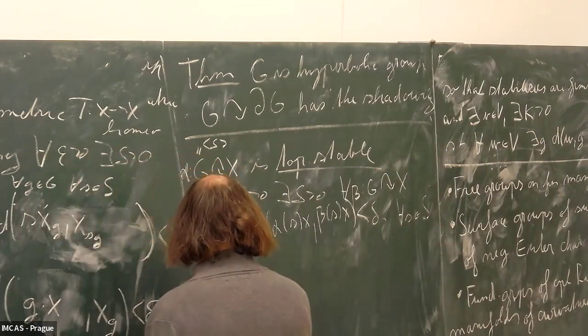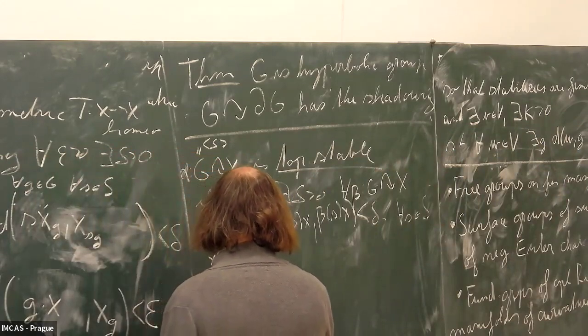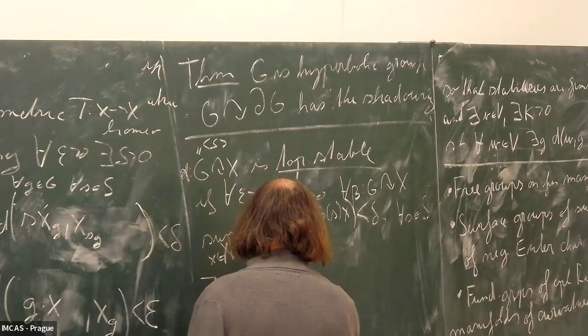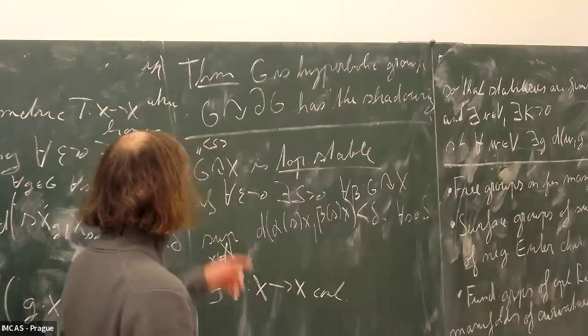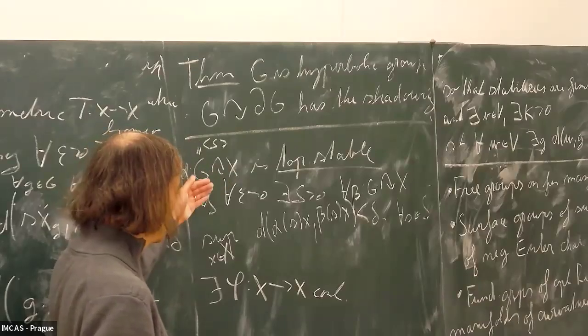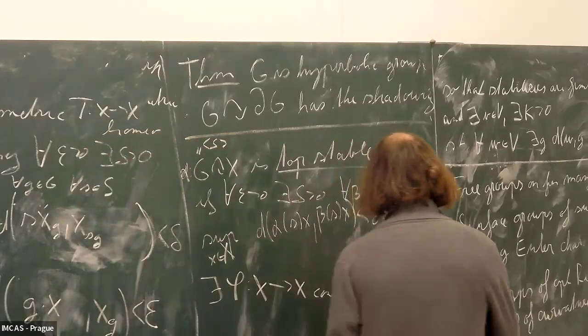If this is true, then there exists a continuous map phi from X to X which intertwines these actions.